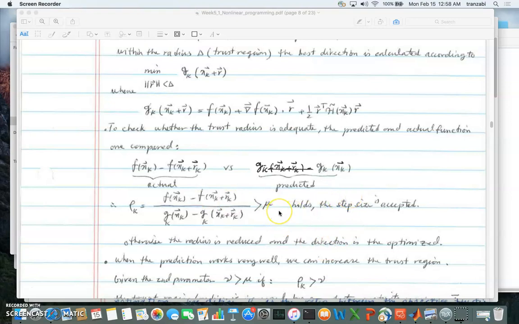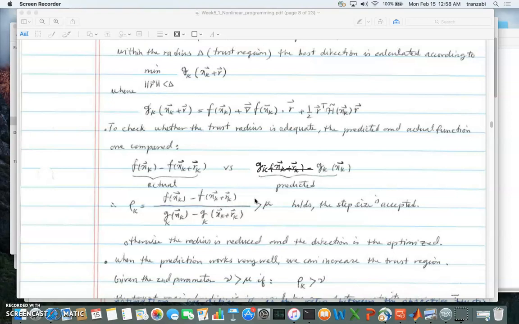Otherwise, we're going to lower the step size, because if the decrease in the function is not as expected, that means maybe the step size is too large, so we have to make it smaller. If the change is bigger than expected, that means the direction is good and the step size may not even be enough, so we make it even longer.